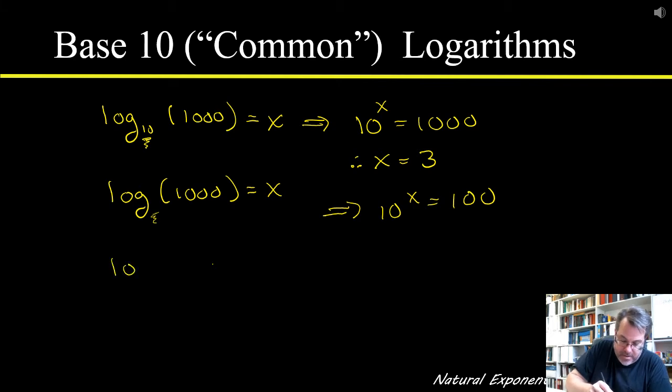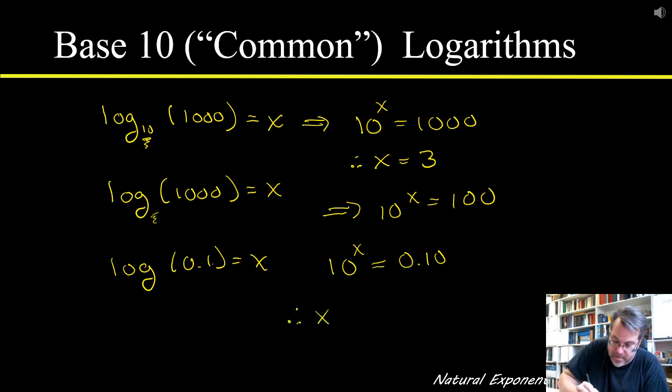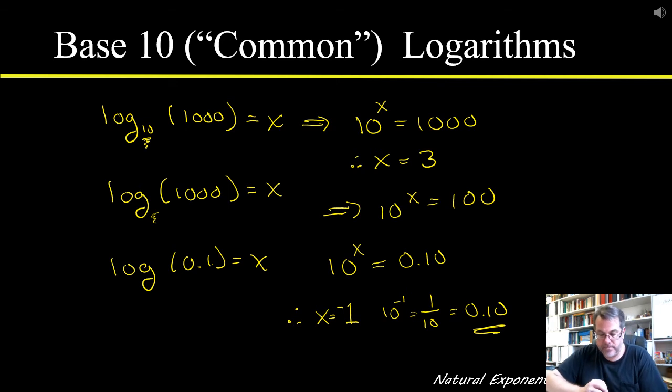So if we had one like this, log of 0.1 equals x, then this would mean there's some number, we take 10 and raise it to that number, and we get 0.1. And so in this case, x would be minus 1, because 10 to the minus 1 equals 1 over 10, or 0.10.